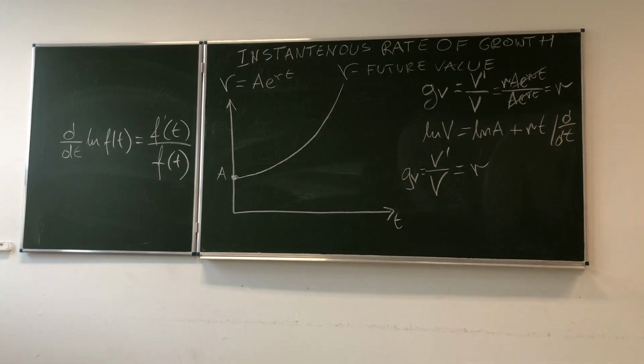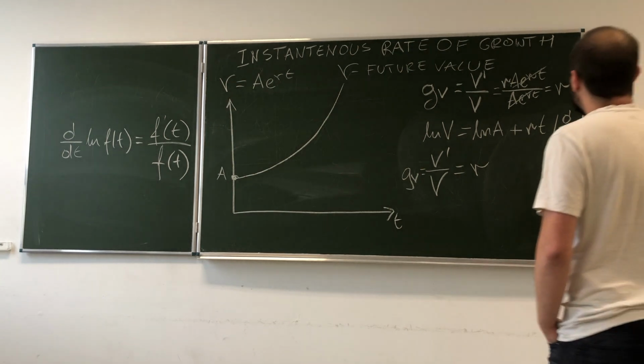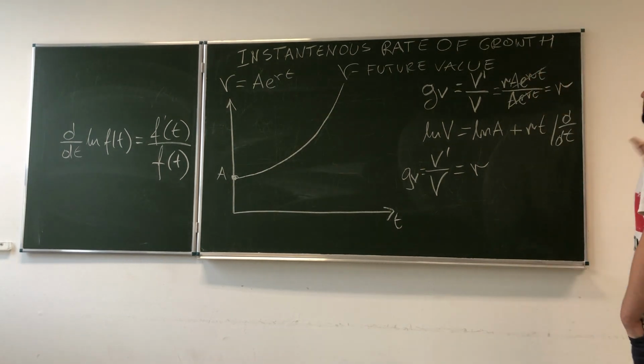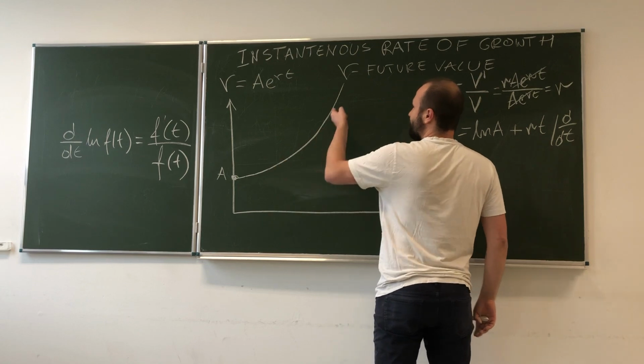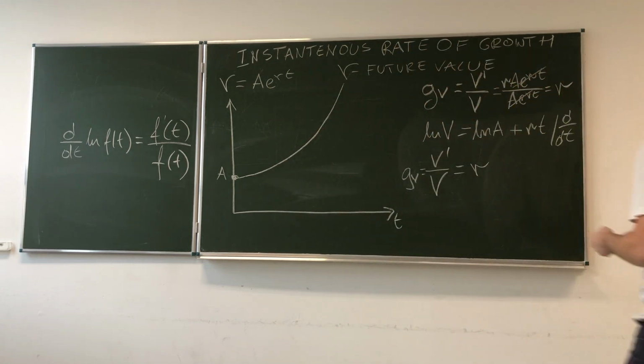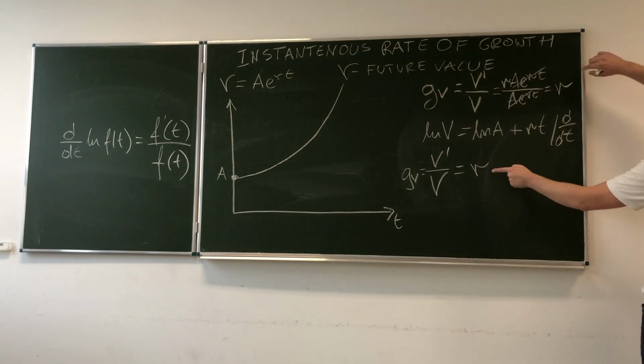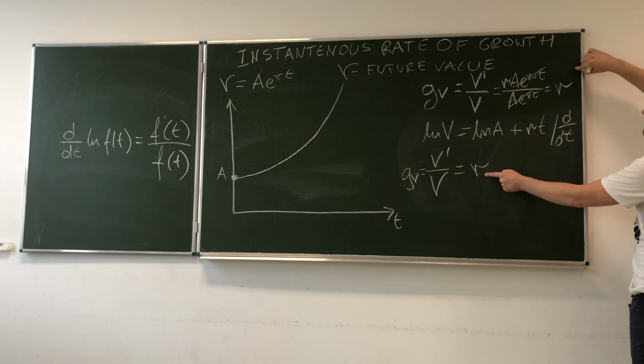Okay, so we've used two different methods and we've obtained the same conclusion. On one hand, we see that this function is growing faster and faster and faster. On the other, we see that the growth rate of this function is positive and constant.